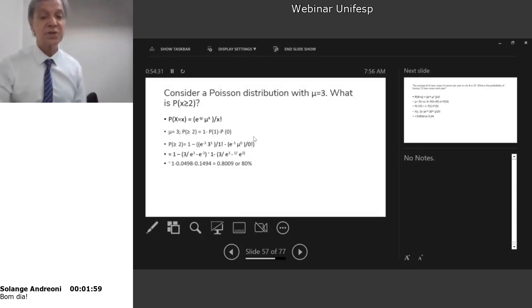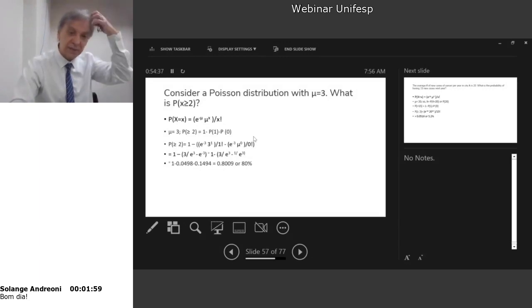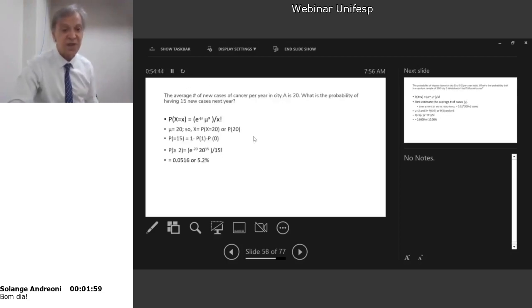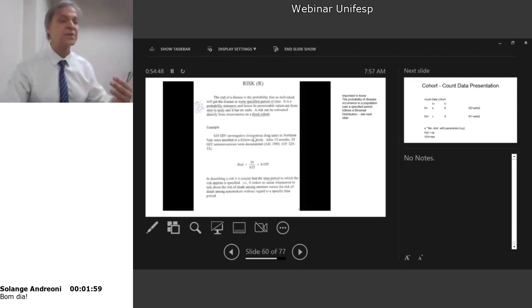So consider a Poisson distribution with mu 3, the example I gave you. The probability of something happening, say 2 or more events with this type of Poisson mu, that's what you got. It's an 80% chance. I did some calculation so you can have an appreciation.